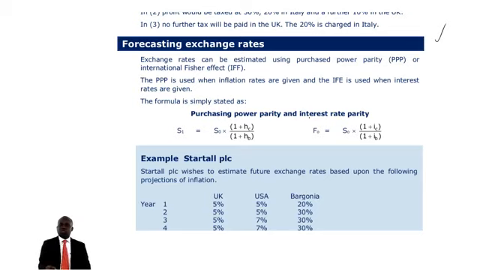Do you want me to use purchasing power parity or interest rate parity? And the question will answer you: I have given you the inflation rate. So the moment I see the inflation rate, purchasing power parity is calling me. The moment I see the interest rate between the two countries, interest rate parity is calling me. It's a formula business. The formula is the same.